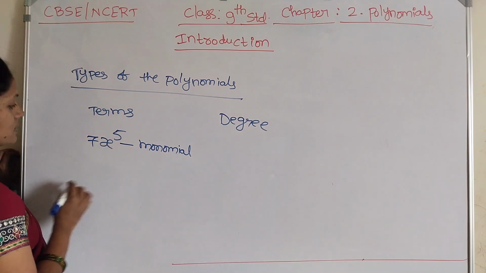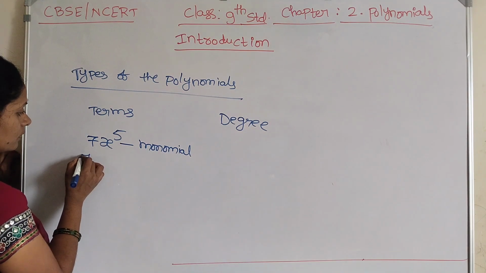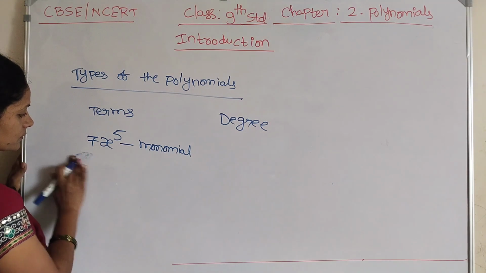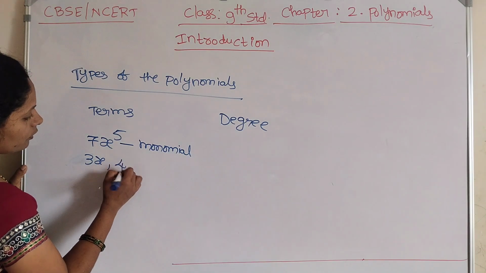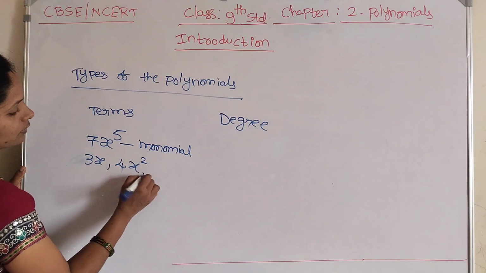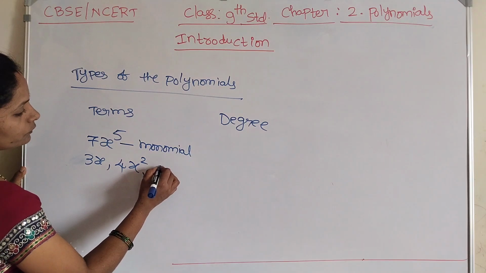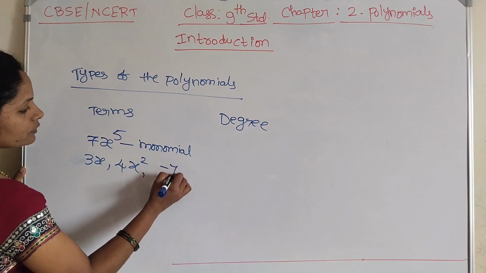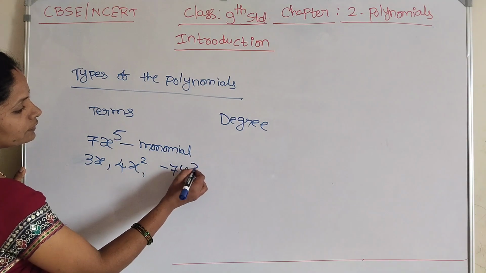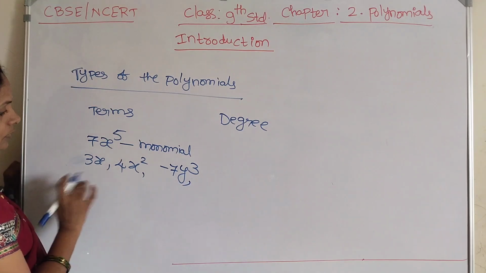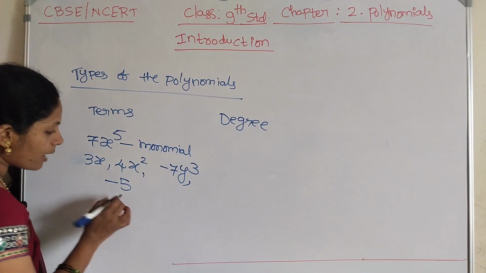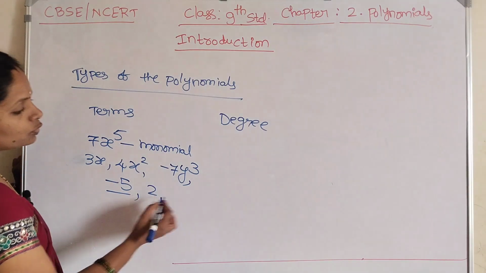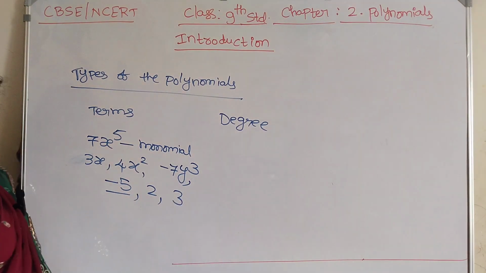We can write many examples: 3x, 4x square, minus 7y power 3 and so on. If there is only minus 5 or 2 or 3, is it a polynomial?